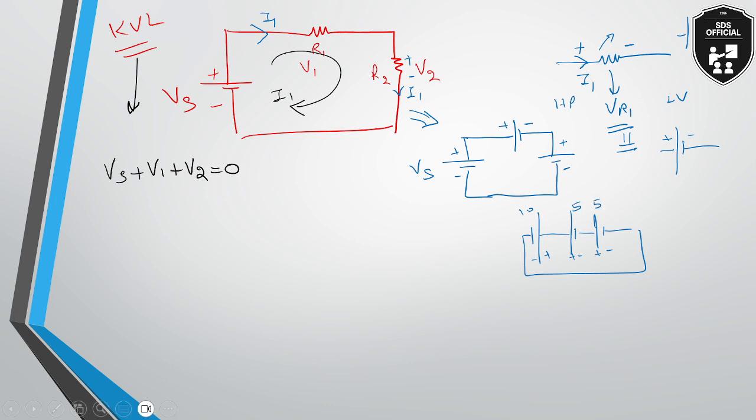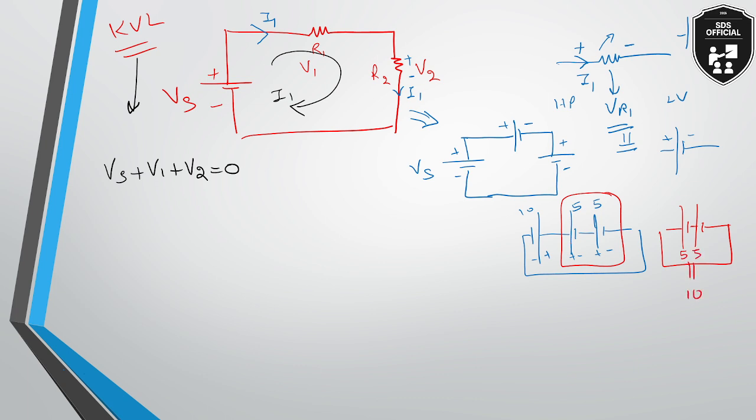Will all these voltages add or get subtracted? These two voltages will add because they have the same polarity, just like AAA size remote cells. So 5 and 5 become 10.